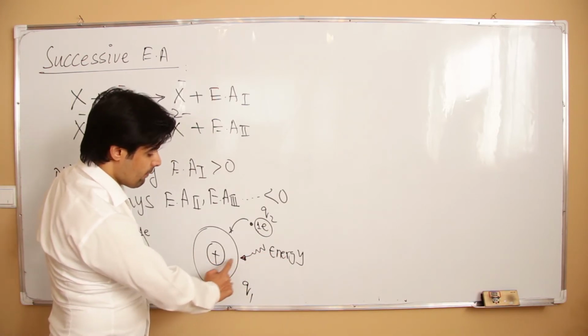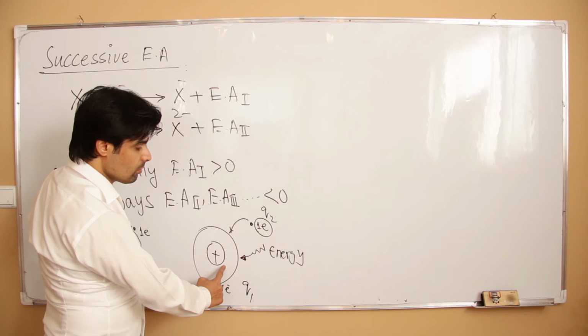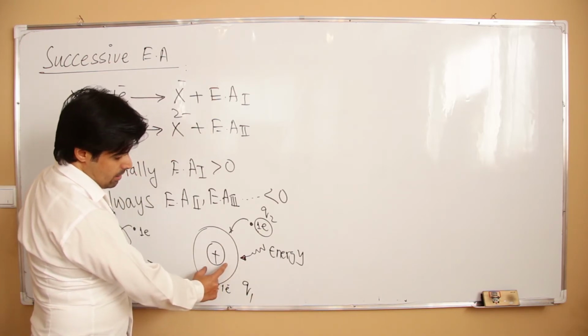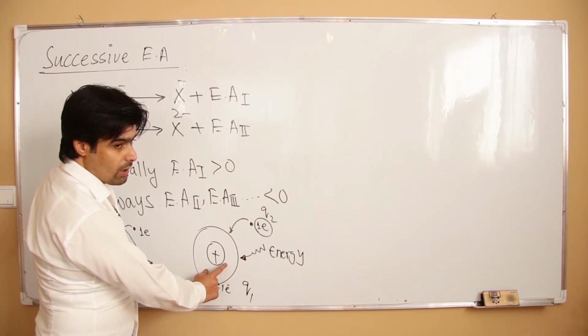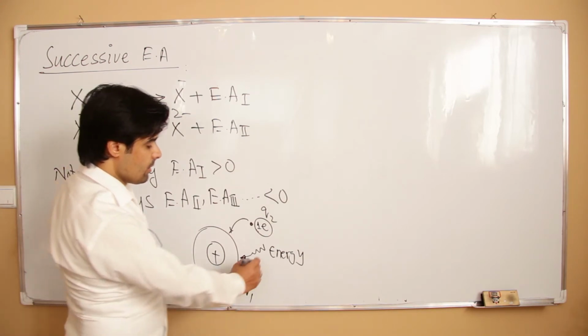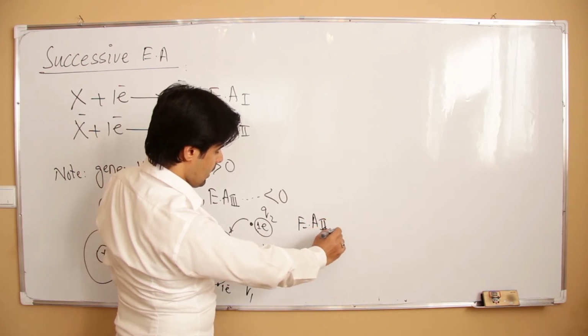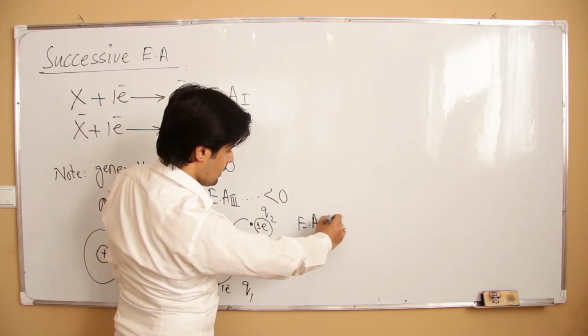So you are giving energy and also giving an electron. Whenever you are giving energy to a system, is it positive or negative? Negative. Then we can say that electron affinity second is negative.